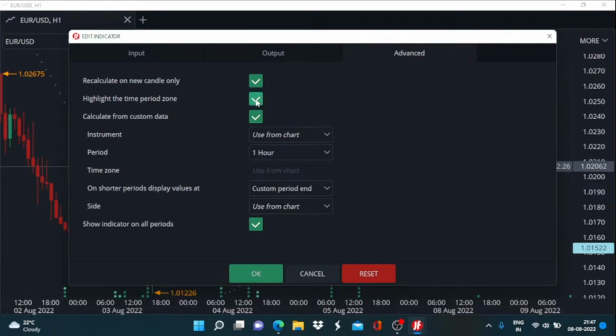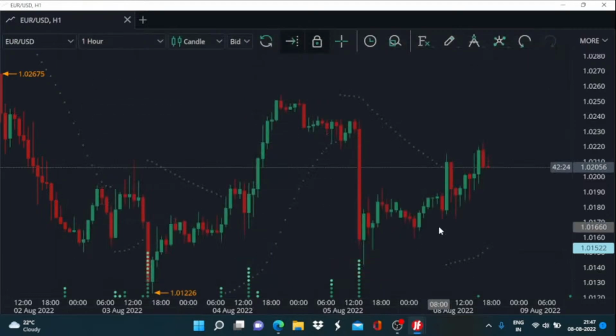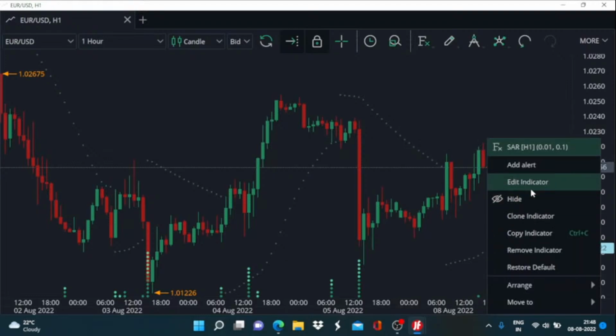If you want the time period to be highlighted, whichever is the time frame used for the calculation of the indicator, here you can observe that this time frame is being highlighted, but since only a single data point of that hourly formation is used here, we don't really have it looking too prominent or too broad.